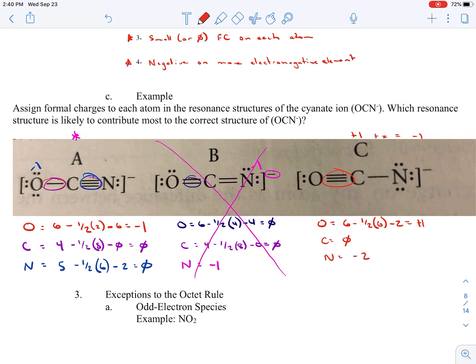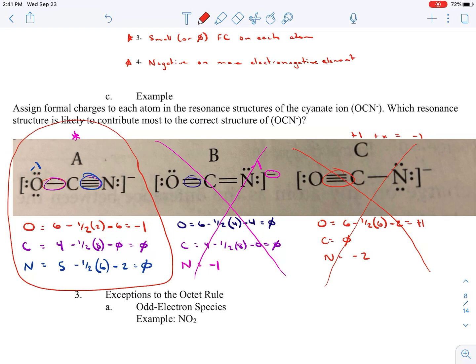So this is a higher magnitude. And also oxygen has a greater electronegativity than nitrogen, so that's where we want our negative charge. So this is the one we're looking for. Okay, that's this video. Thanks.